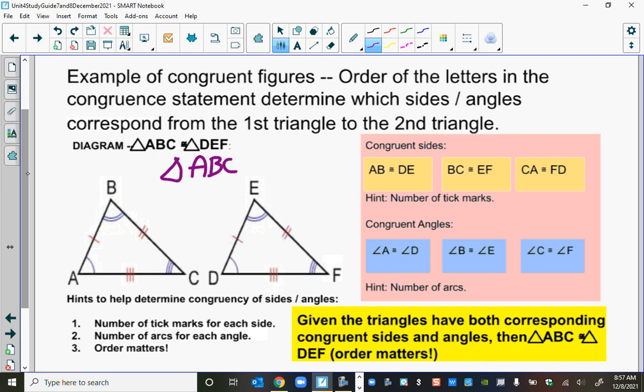Now, with sides, think of tick marks or slash marks. And the reason why I might say slash marks is because slash and side both begin with the letter what? S, good.